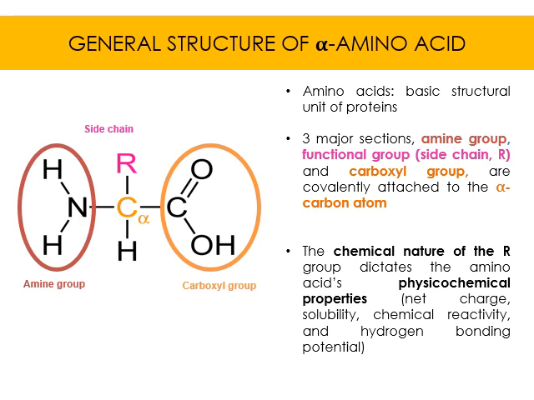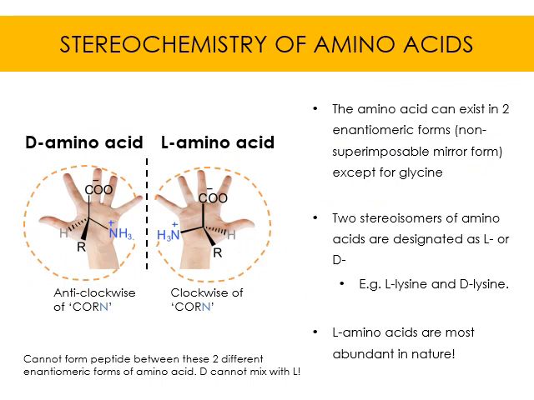What differentiates one amino acid from another is the side chain, or functional group. The chemical nature of this functional group determines the physicochemical properties of the amino acid, because it contributes to the net charge, solubility, chemical reactivity, and hydrogen bonding potential. Amino acids are optically active and exist as enantiomers.